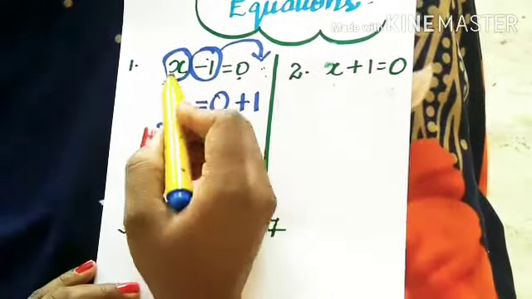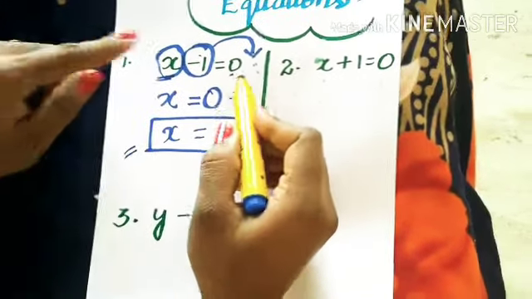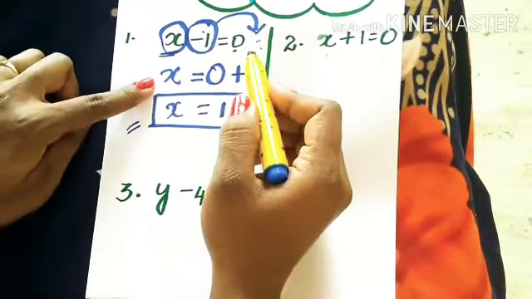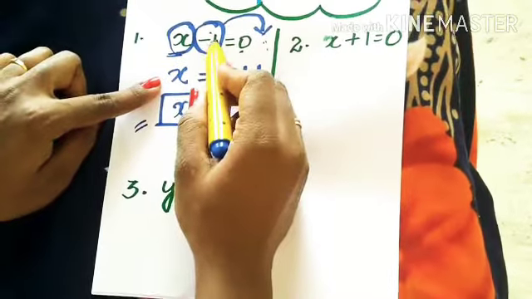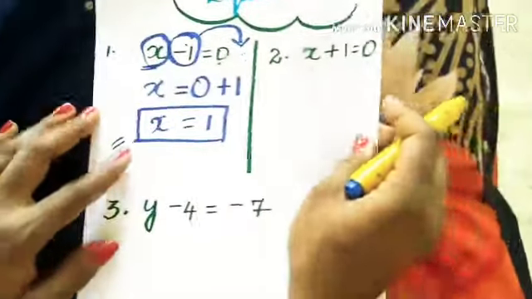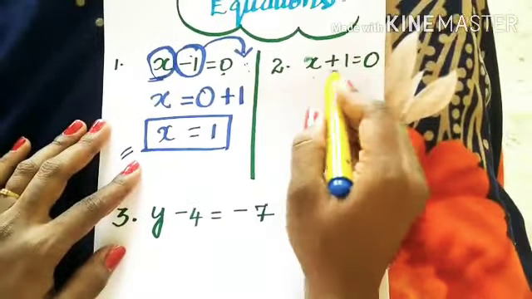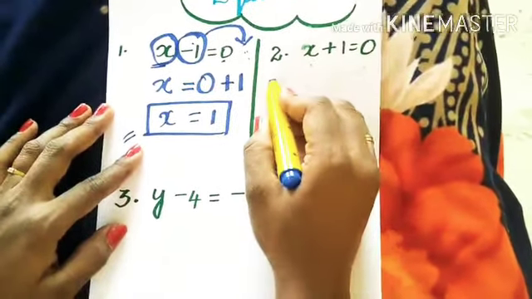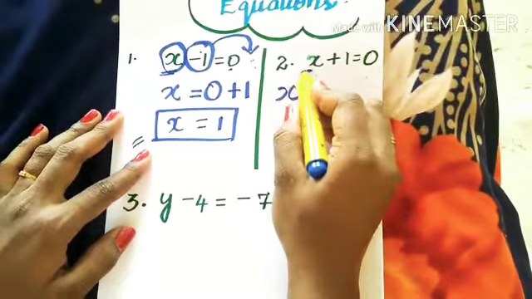Okay, so x minus 1 is equal to 0. First take the variable alone: x equal to, when minus 1 goes to the other side of the equal to sign it becomes plus 1. Similarly, a problem you can see here, x plus 1 is equal to 0. So separate the variable first. The variable here is x.